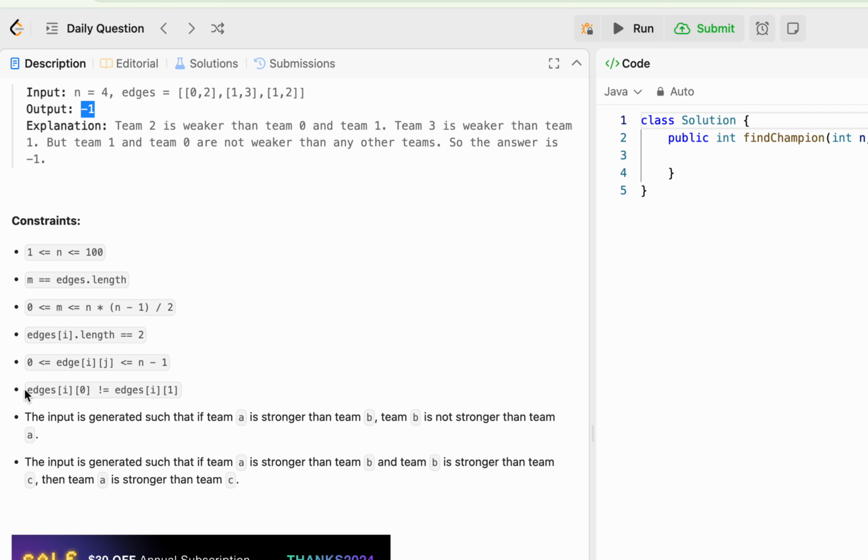Also it is mentioned that the first vertex is never the same as the second vertex in the edges, so there is no self loop kind of thing.